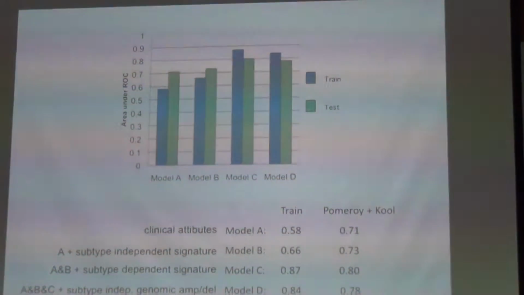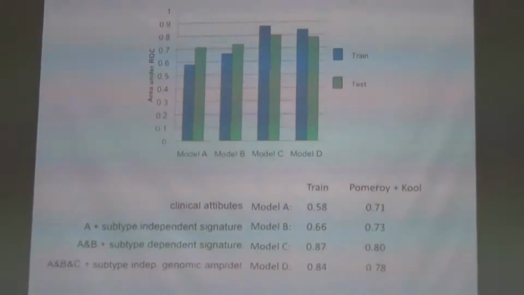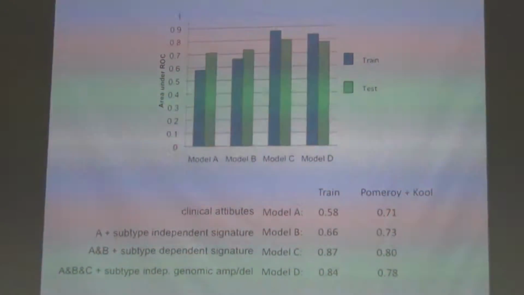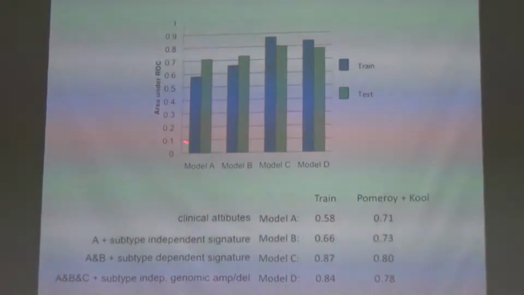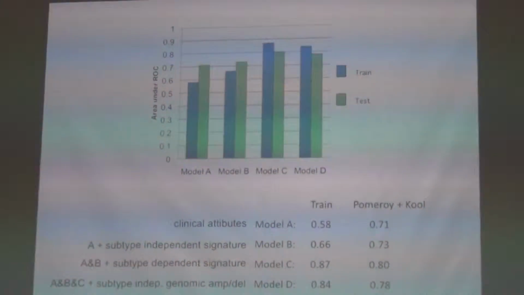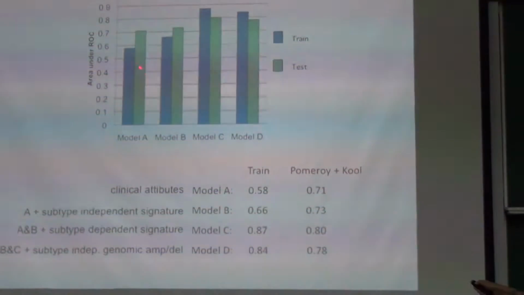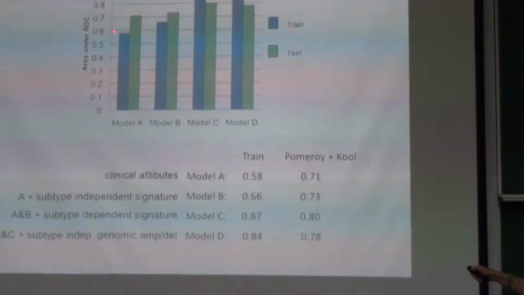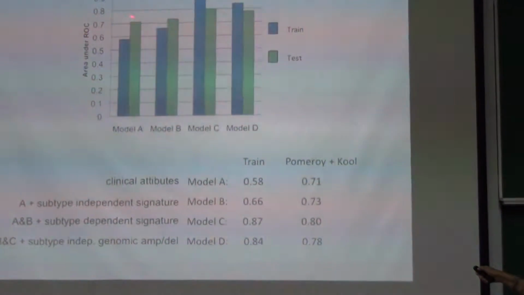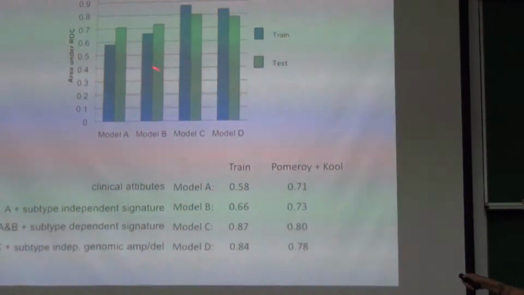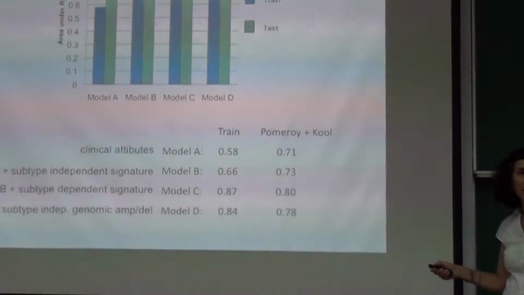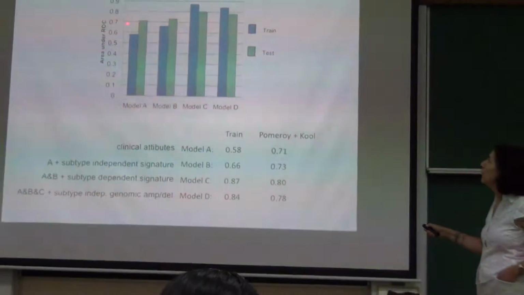And this is actually quite nice. Because notice that this was just clinical, right? This was the subtype independent model. And you see that here's train and test. Remember, these were not trained on the data. So they don't do all that well.